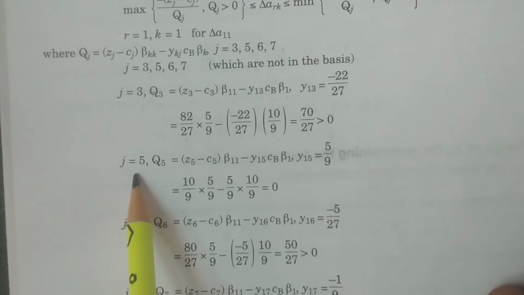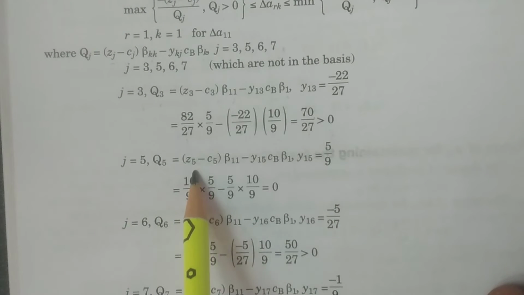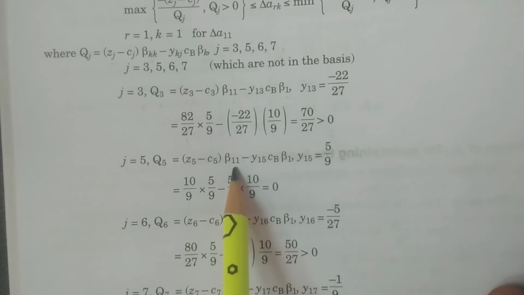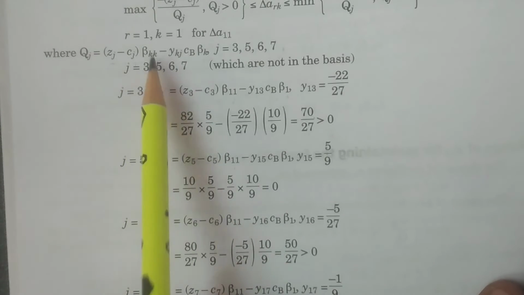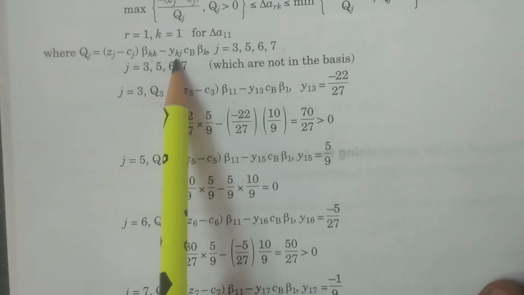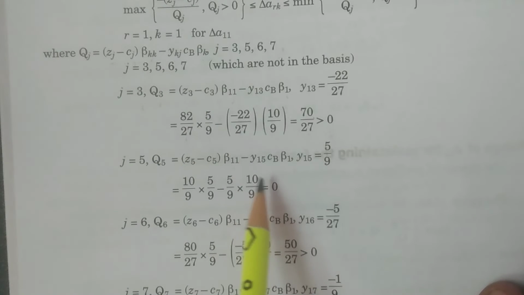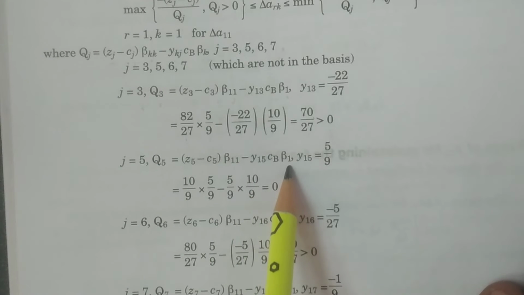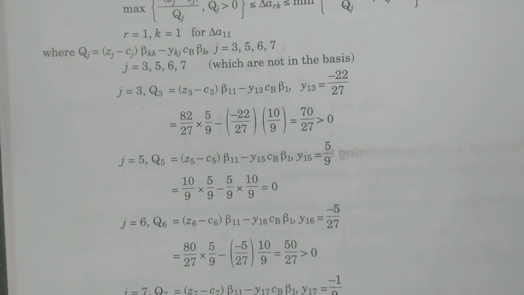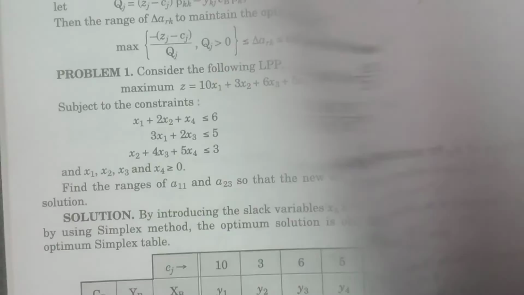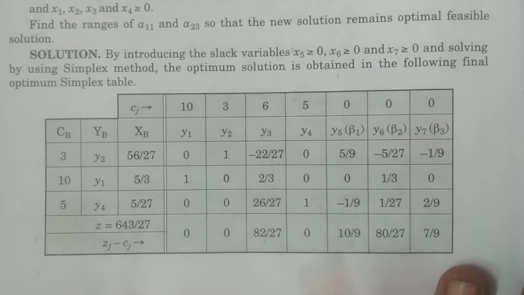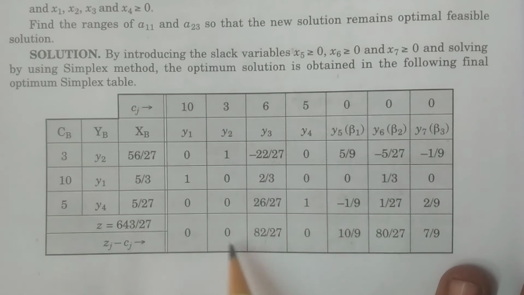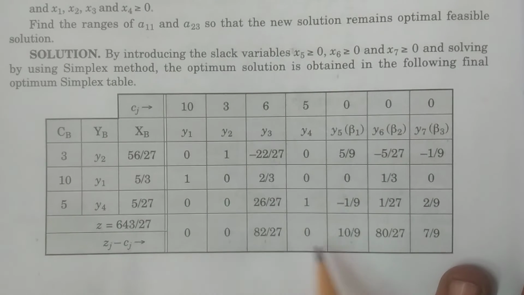Similarly, you calculate J is equal to 5, Q5 is equal to Z5 minus C5 into beta 11 minus Y15 into CB beta 1. So all the values are known. I'll show you the values of Z5 minus C5 from the table. Z5 minus C5 is 10 by 9. You see Z1 minus C1, Z2 minus C2, Z3 minus C3, Z4 minus C4, Z5 minus C5.